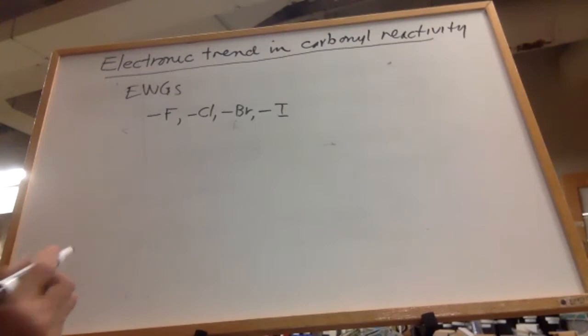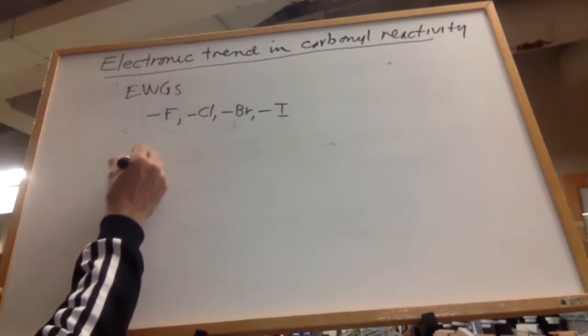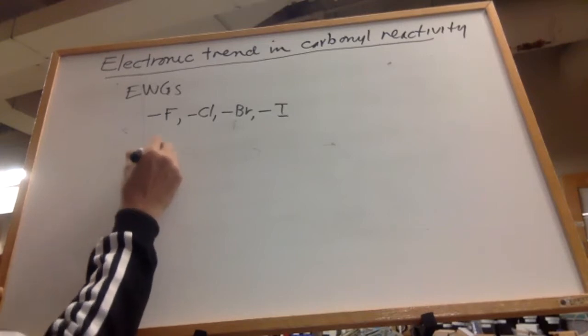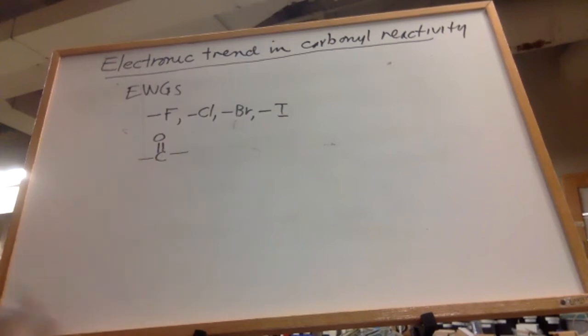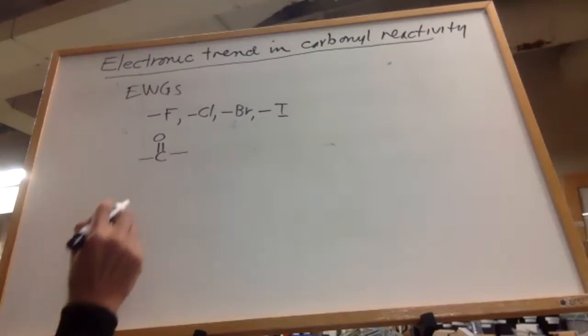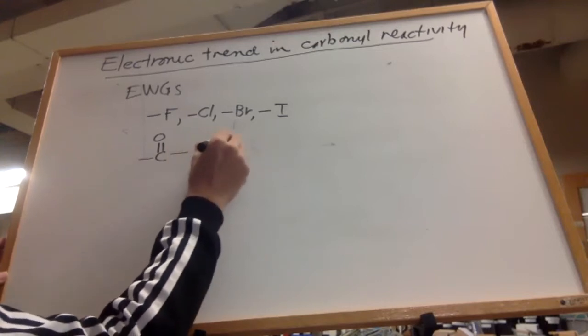Another electron withdrawing group that we see very frequently is the carbonyl group itself. By this I mean if there is a second carbonyl group somewhere else in the molecule. So that's an electron withdrawing group. Why is it electron withdrawing?